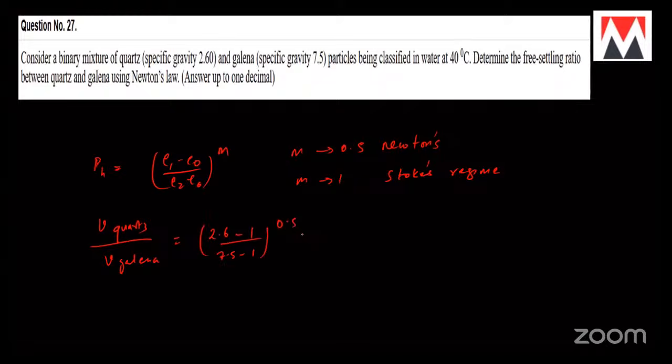So it is 1.6 by 6.5 whole power 0.5. So 1.6 is nearly 1 by 4. 16 fours are 64, right? 1 by 4 whole power 0.5 is nearly 0.5. So you get answer nearly 0.5. If it is Stokes regime, then you will have 0.25. This is Newton.